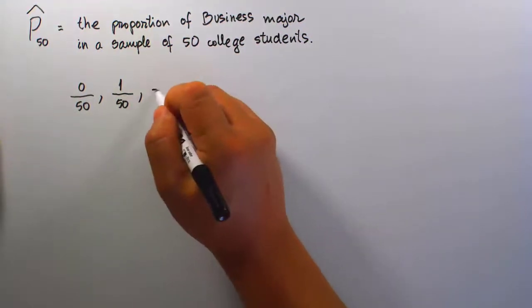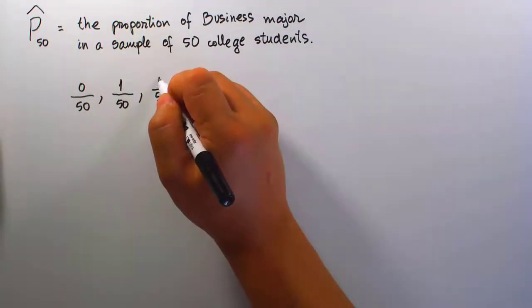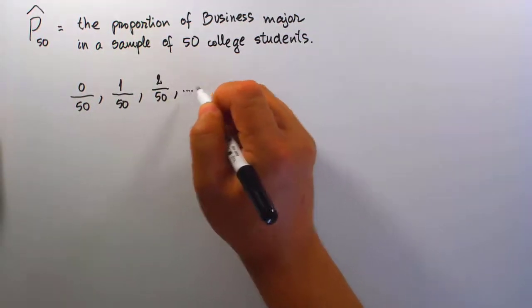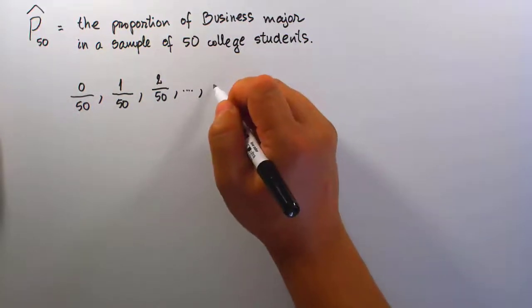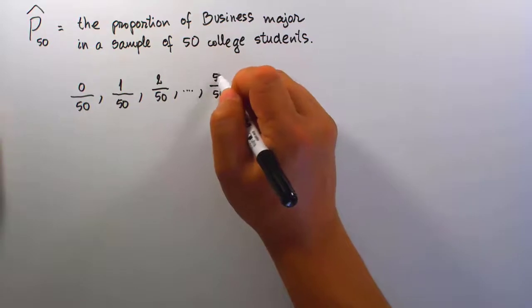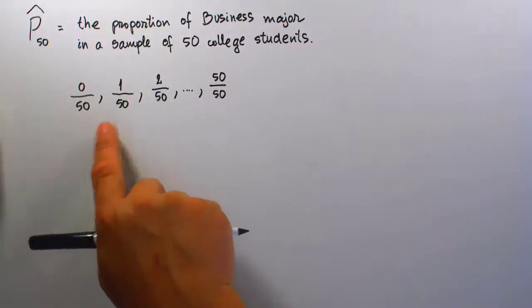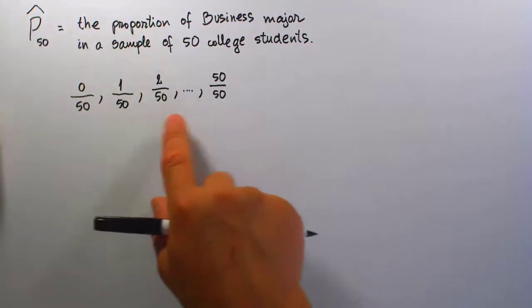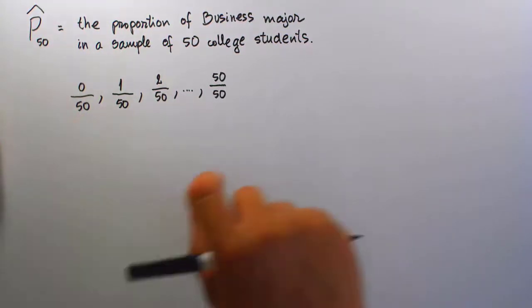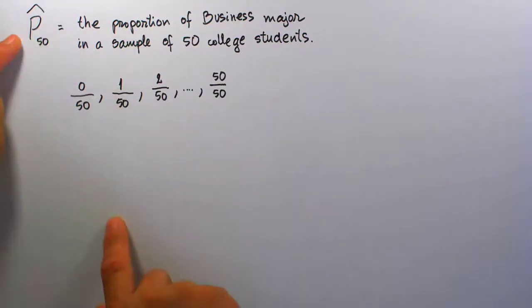Or in some other sample we might find 2, and so on, to the extreme that in some sample we can be so lucky that all of them, 50 out of 50, are in business major. These are different values of sample proportions. And so that once again enforces the understanding that what we have here is a population of sample proportion values.